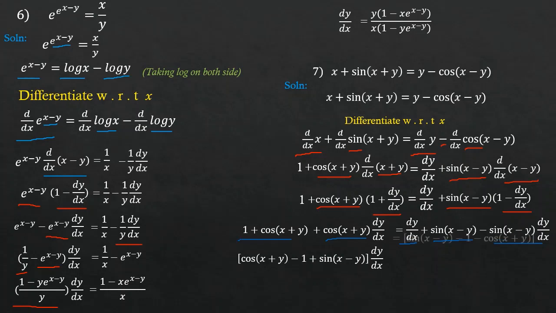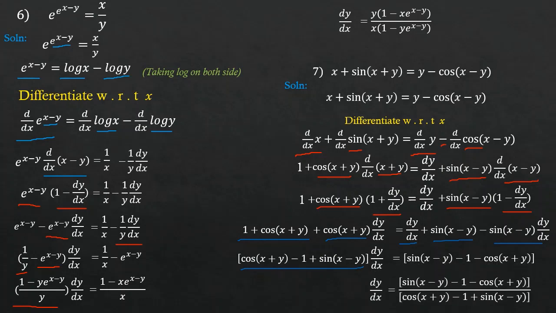Shift these two terms to the right, they become negative, so it becomes sin x minus y minus 1 minus cos x plus y. Now the last step, whatever is in multiplication with dy by dx we shift to the right, which gives you the answer of dy by dx is equal to sin x minus y minus 1 minus cos x plus y divided by cos x plus y minus 1 plus sin x minus y. So this is our answer of dy by dx.